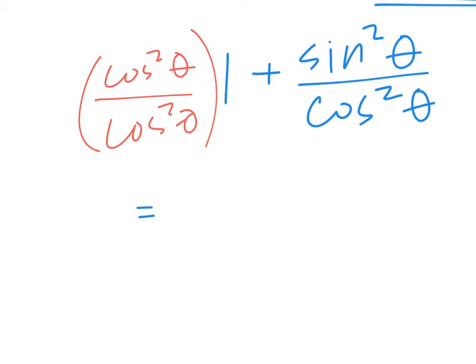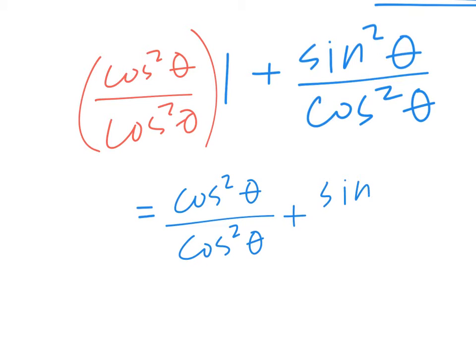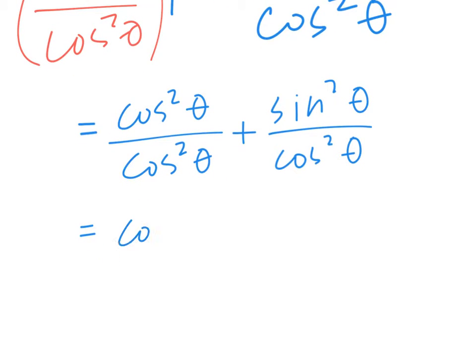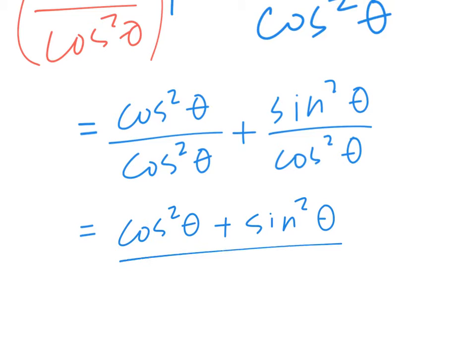So this left-hand side becomes cosine squared theta over cosine squared theta plus sine squared theta over cosine squared theta. Now what? Add them together, so the numerator becomes cosine squared theta plus sine squared theta over cosine squared theta. Please don't add the denominator twice.